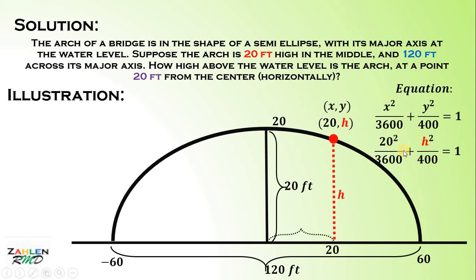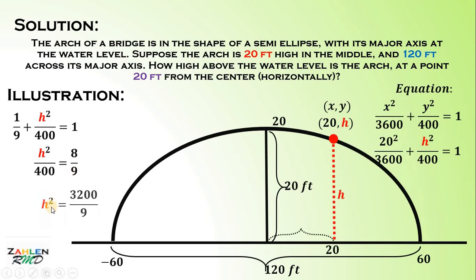Now simplify, 20 squared is 400, 400 over 3600 will give us 1 over 9, so we have 1 over 9 plus h squared over 400 equals 1. Now subtract 1 over 9 from both sides, and we get h squared over 400 equals 8 over 9. Next, multiply both sides by 400, we get h squared equals 3200 over 9.